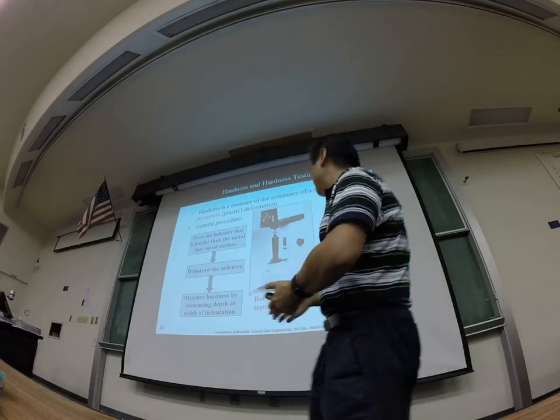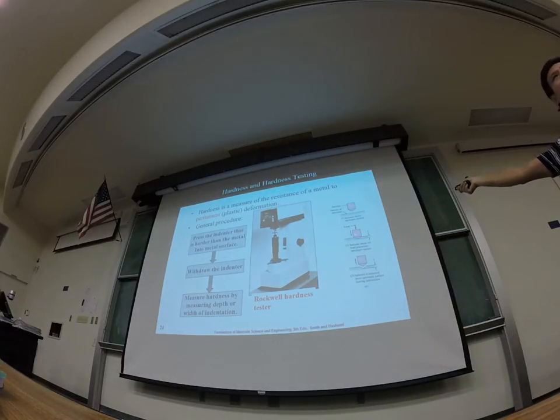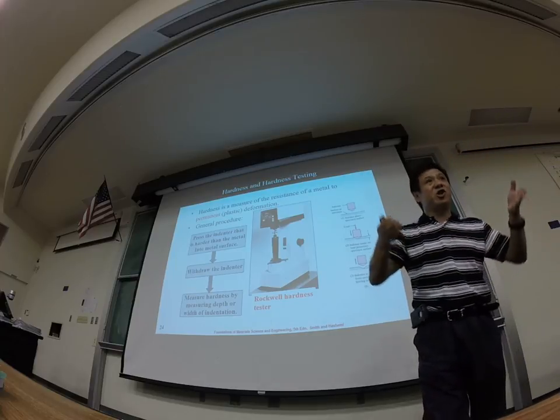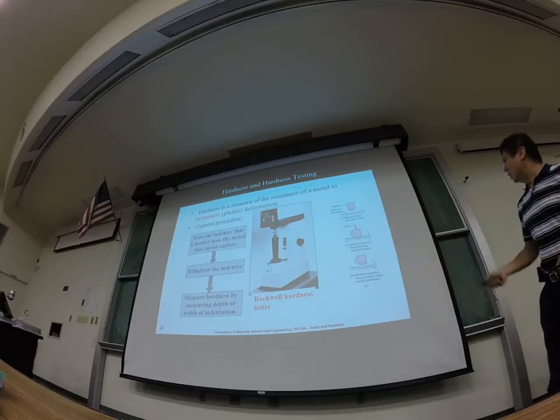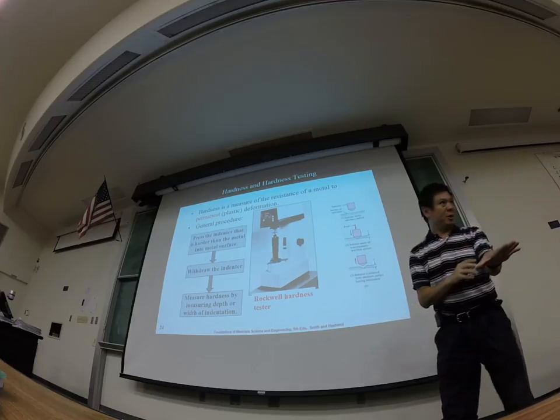So that means you need to apply a high enough load, and then after the indenter makes some permanent or plastic deformation on the sample surface, you raise up the tip, and then you will see there's an indentation, a reverse indent left by your indenter on the surface of the material, right?